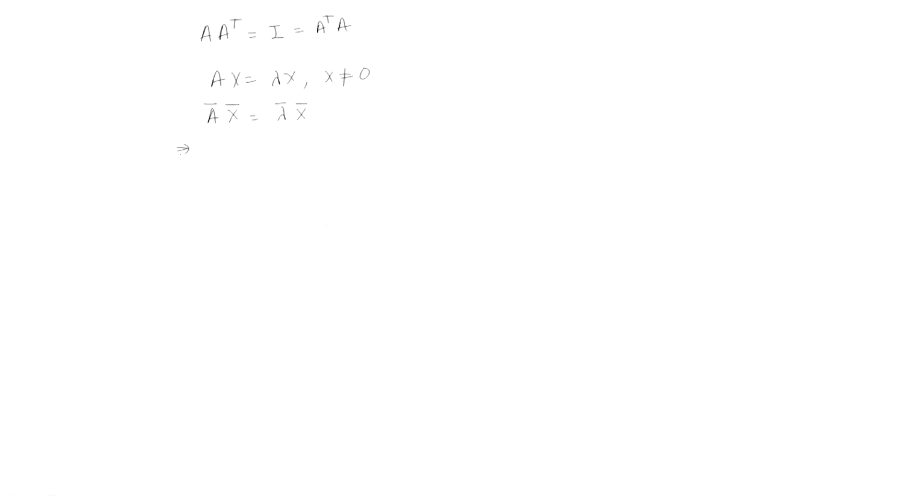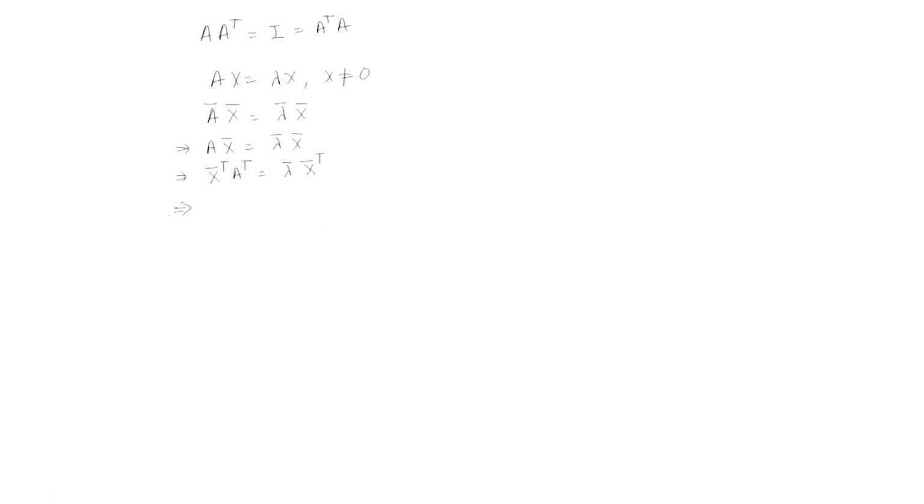Because A is real, A bar is A itself. So A x bar is equal to lambda bar x bar. Now take transpose both sides: x bar transpose A transpose is equal to lambda bar x bar transpose, because lambda bar is a scalar quantity and its transpose will be itself.